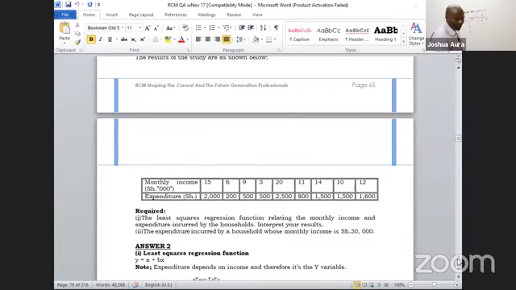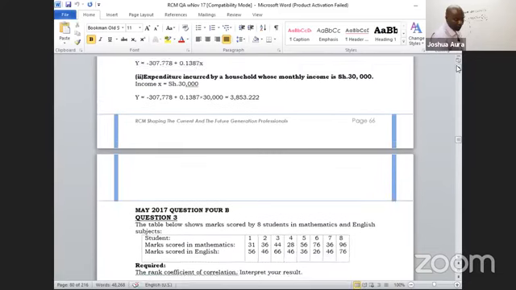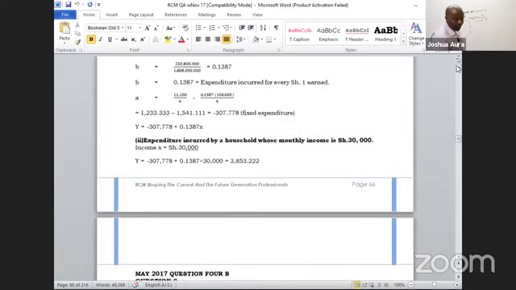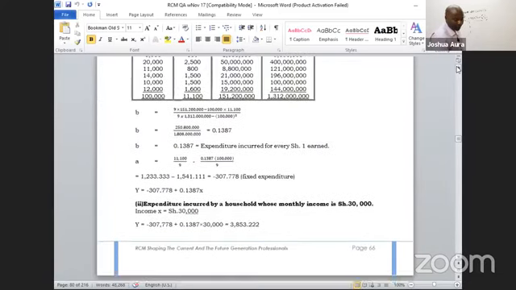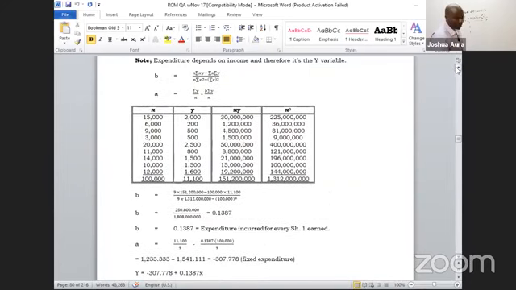Now, if you look at my solution down here, you will be able to see what I did. X here is the income. Up there it was in thousands, but I decided to return the 3 zeros, though you can work without those 3 zeros.